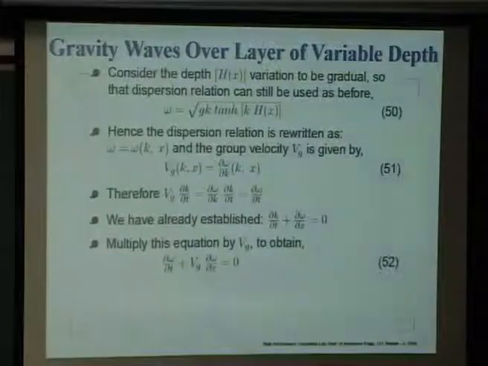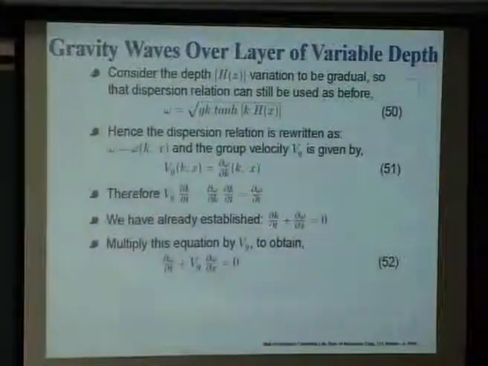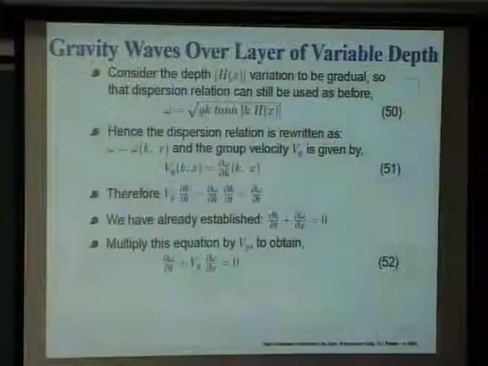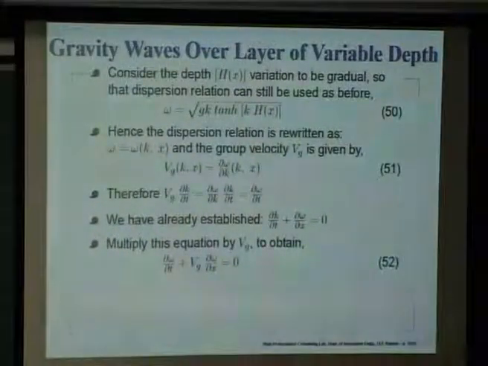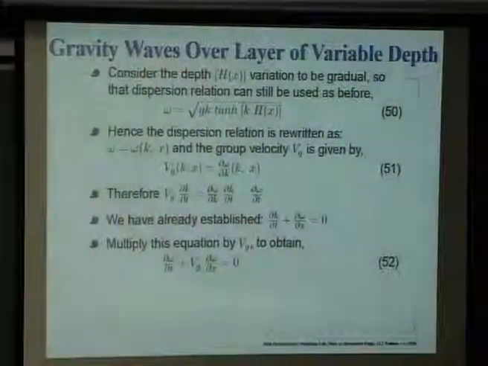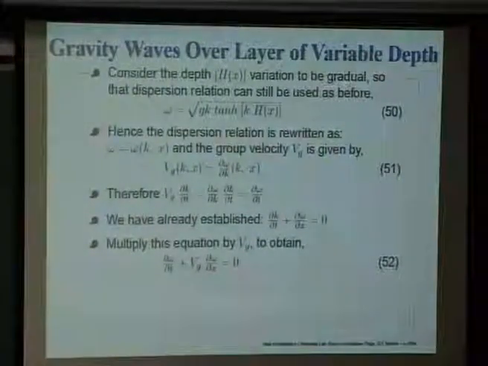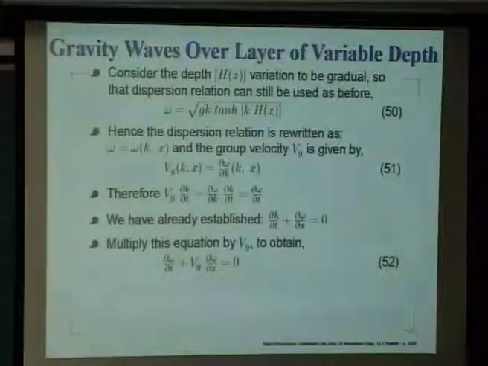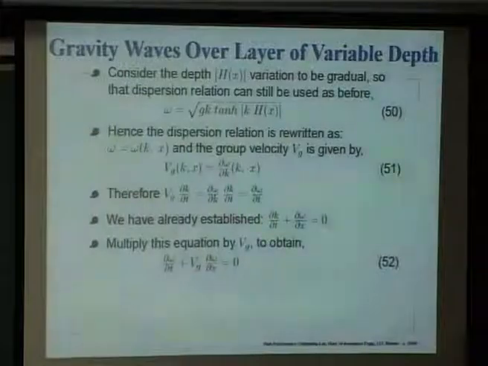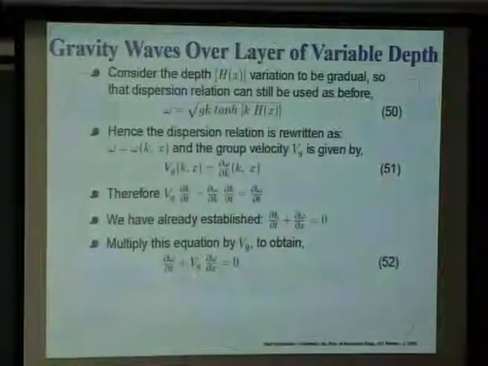So we multiply this equation by V g, then the first term V g times del k del t is del omega del t. So when you are tracking waves over liquid of variable depth, you notice that omega remains constant as a function of x and t.